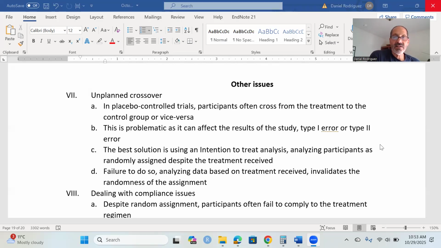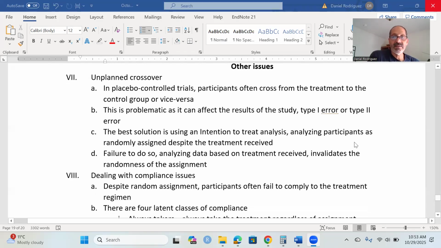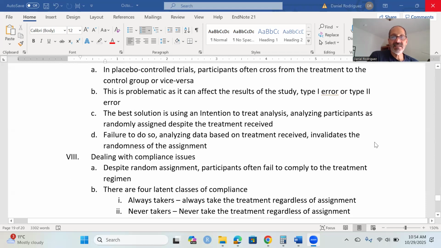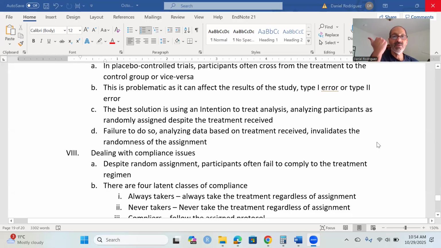But it can have an effect on the results of the study in terms of type 1 error, type 2 error. So depending on which way the winds are blowing, the best solution is to use what's called an intent to treat analysis. So you analyze participants as they were randomly assigned despite the treatment received, right?